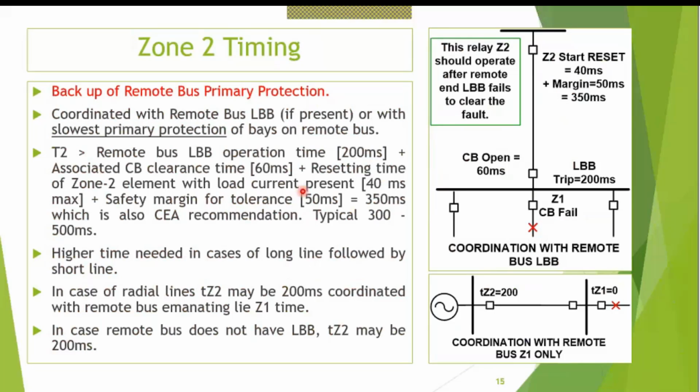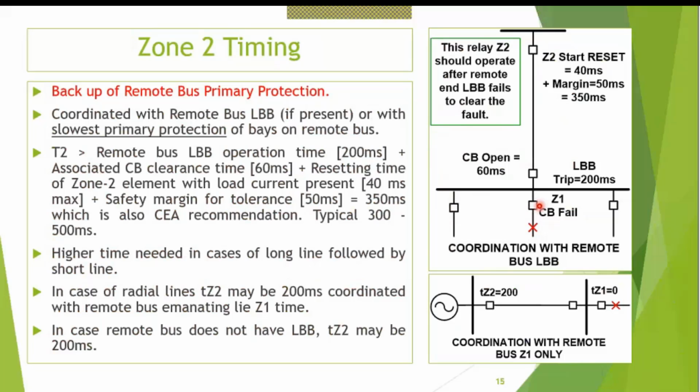We are coming to zone 2 timing. Zone 1 timing did not matter because it was instantaneous. But for zone 2 timing we have philosophies. As we have talked, it is the backup of remote bus primary protection. Zone 2 at this bus is the backup of zone 1 of the remote bus.